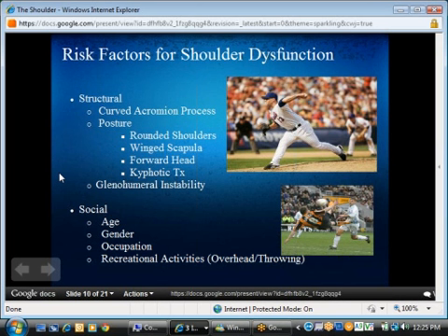Age. Unfortunately, the older we become, as our age increases, of course, our risk factors also increase. One reason for that, which Guan touched a little bit on, is that a lot of times some causes of injury are spurring or arthritic changes to that bone across the acromion.